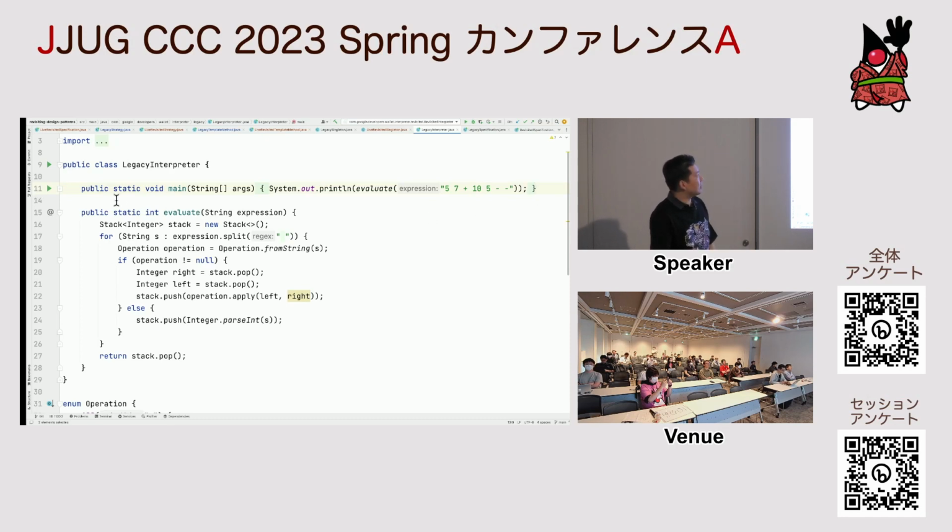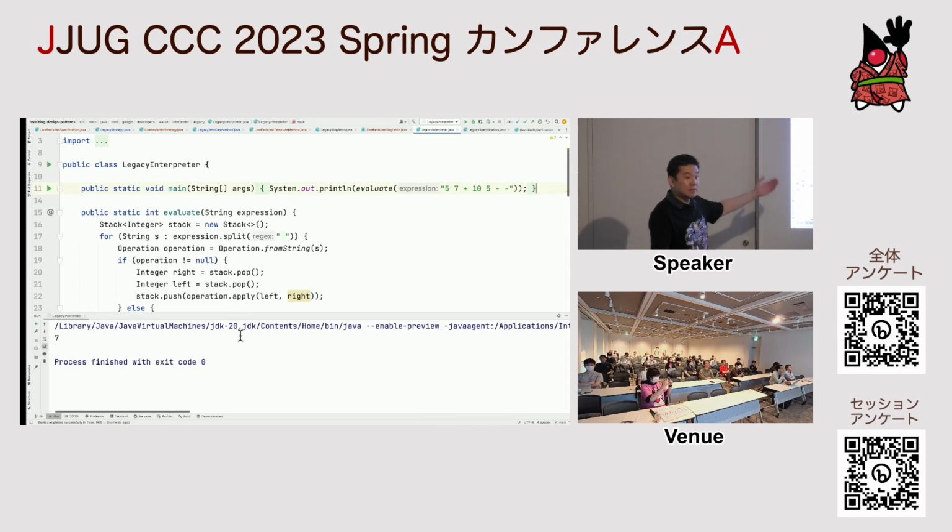So if I run this method, it's 5 plus 7, 12, 10, 5 minus 5, 12 minus 5 is going to be 7. Let's see if I'm right. Seven is the result of this code.